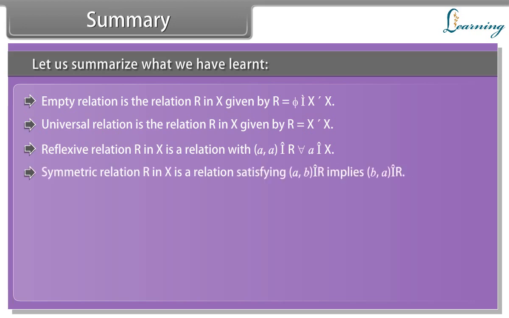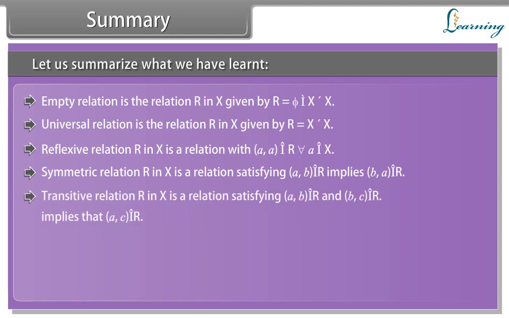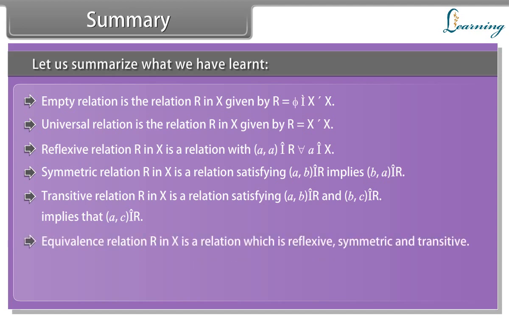Symmetric relation R in X is a relation satisfying (a, b) belongs to R implies (b, a) belongs to R. Transitive relation R in X is a relation satisfying (a, b) belongs to R and (b, c) belongs to R implies that (a, c) belongs to R. Equivalence relation R in X is a relation which is reflexive, symmetric, and transitive.